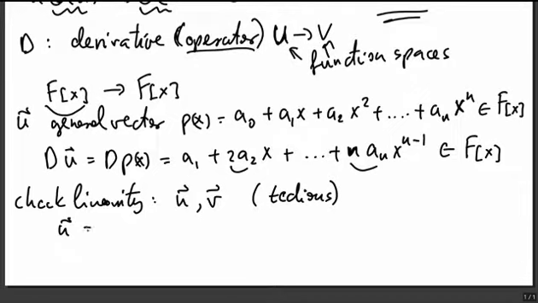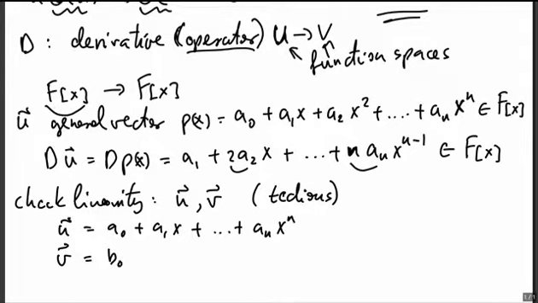For example, if u is a0 plus a1x plus and xn, and then v is b0 plus b1x, we cannot assume that they are of the same power, so we have to use bm xm.